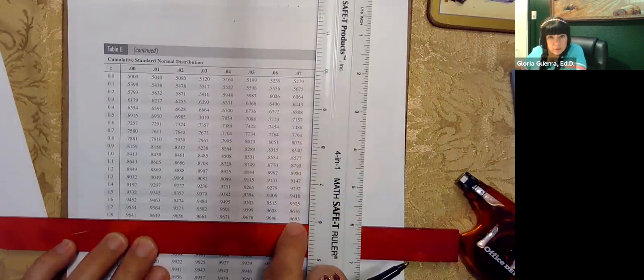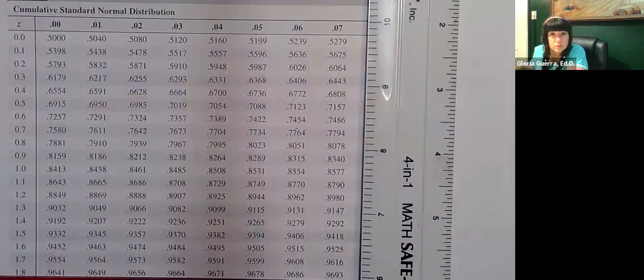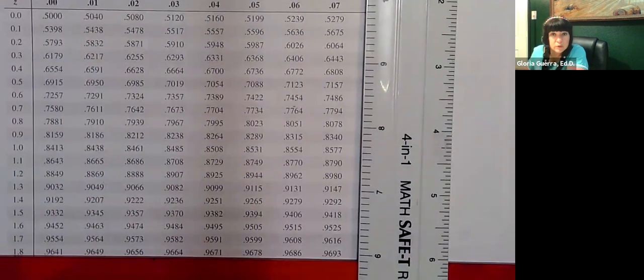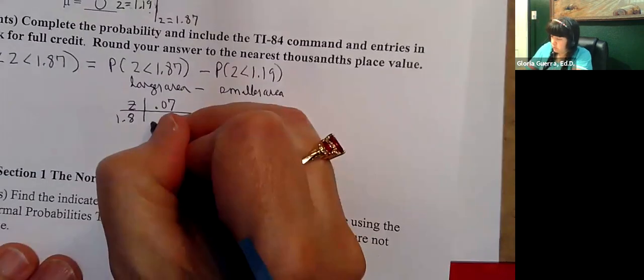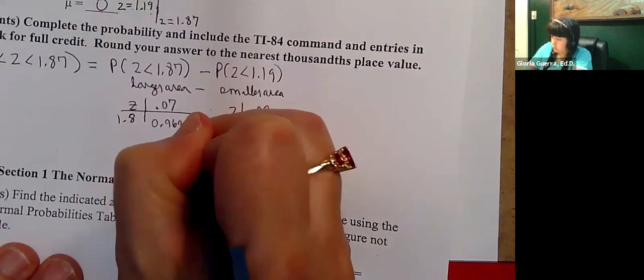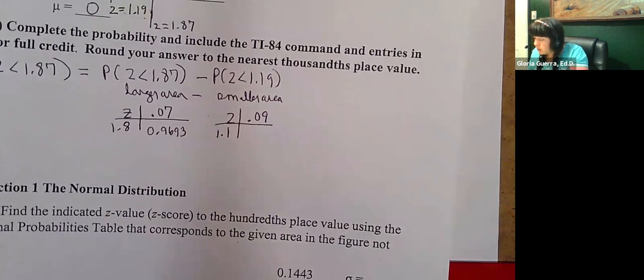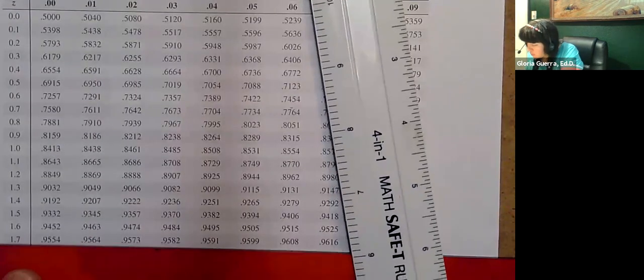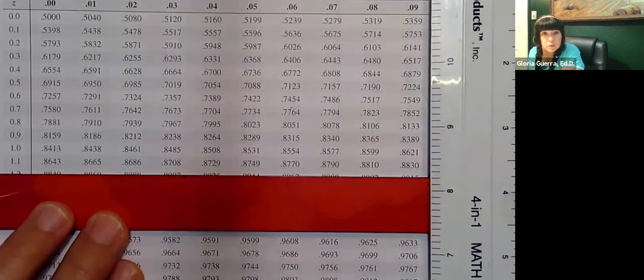Okay, see that number there? It looks like 0.9693. Right? See that? 0.9693. Okay, and then the other one is 1.1 and then 0.09.